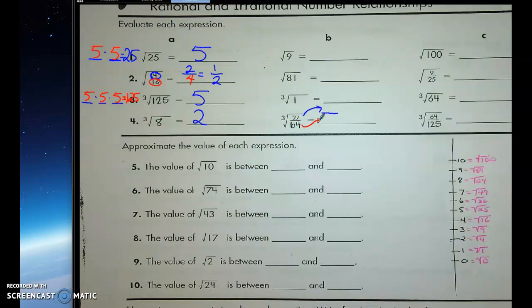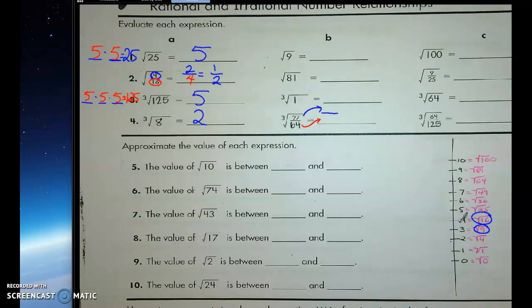So let's go through a couple of them, just to get you started. Looking at number 5, we want to know the square root of 10. I know the square root of 10 is bigger than the square root of 9, but it's smaller than the square root of 16.